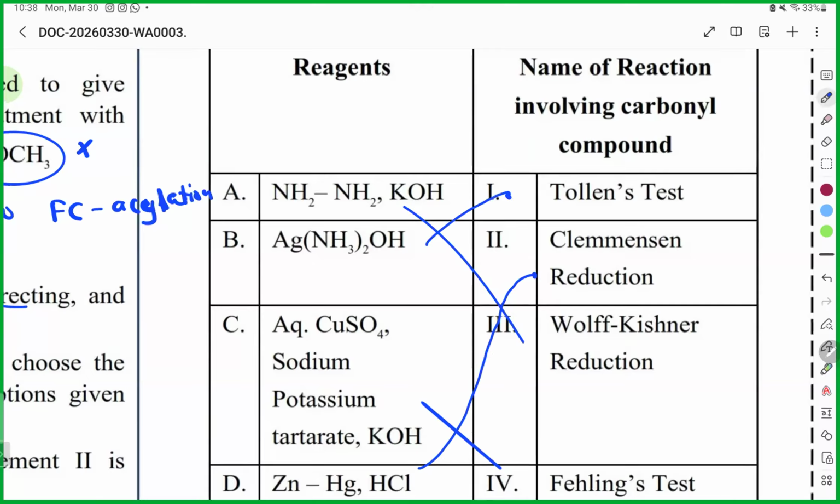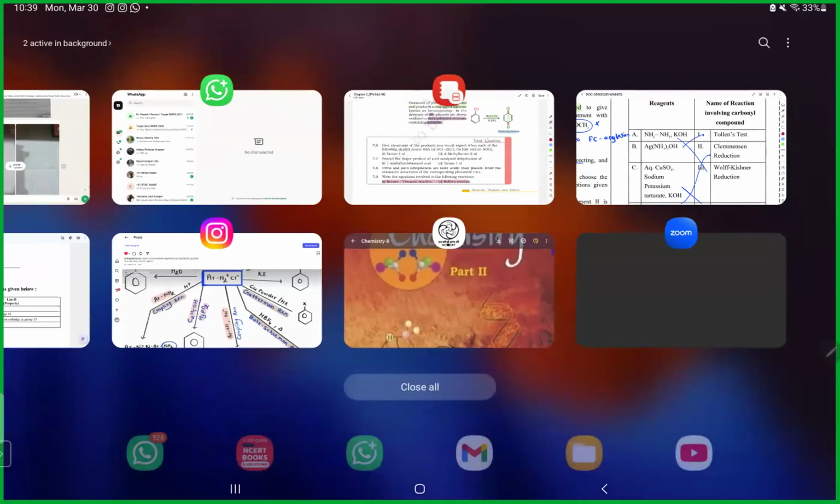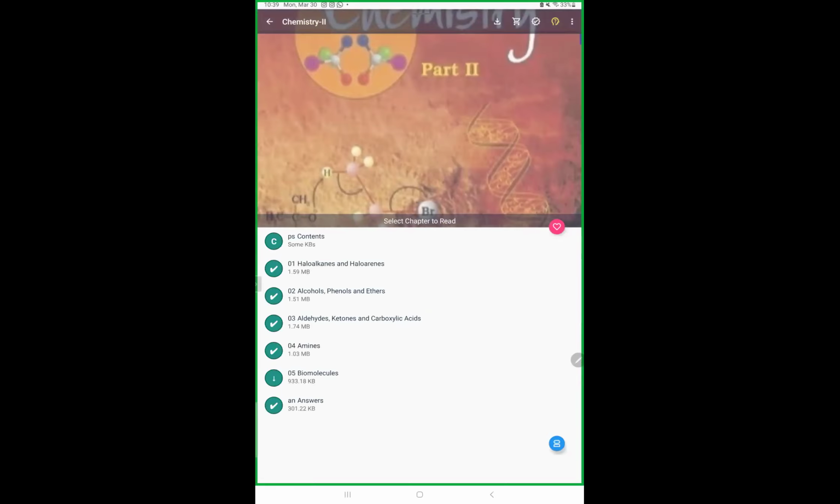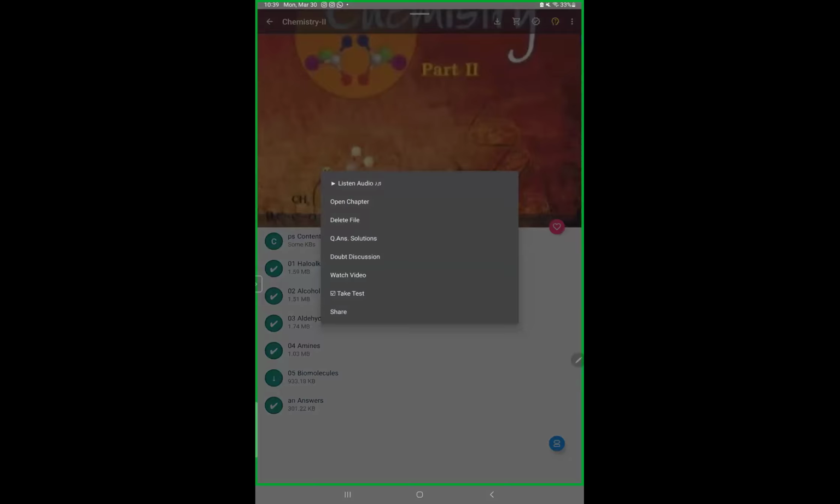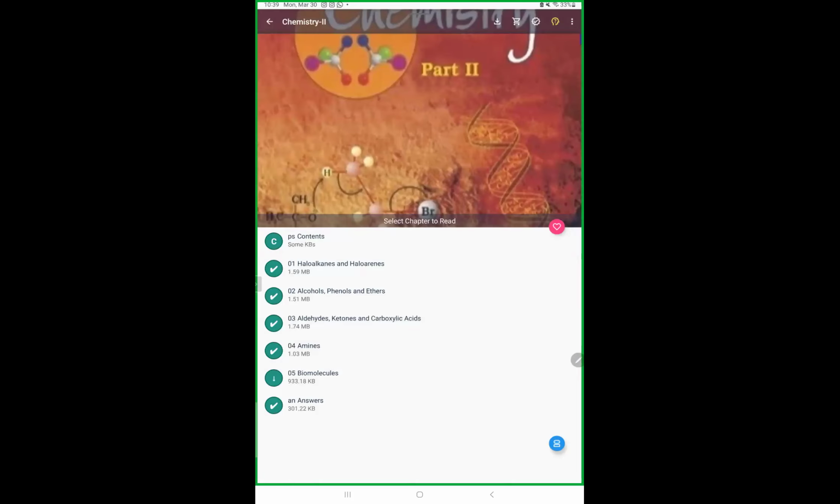JEE is very difficult, right? BHB also. Yes. So, yes, I got it. सर क्वेश्चन दिखा दो. मैं टॉपिक ही दिखा दे.